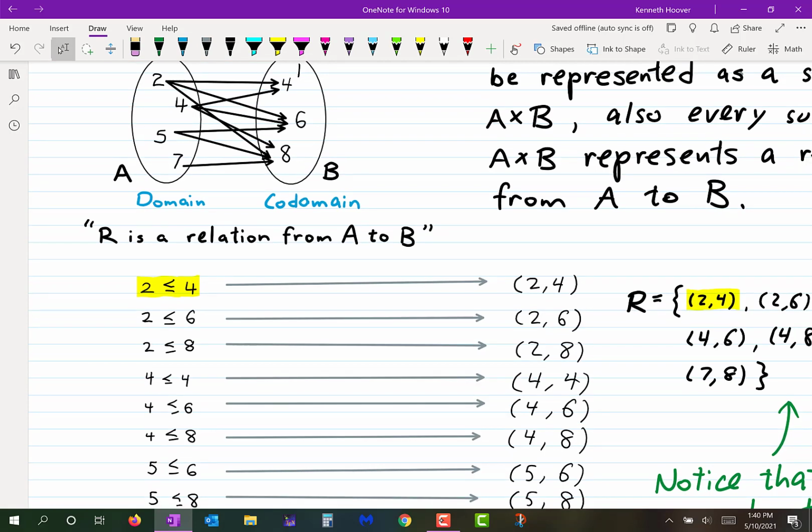I also just realized something, and this does not ruin the examples I've said so far: this could not have possibly been symmetric anyway, because the domain and the codomain aren't the same set. This is not a relation on a set, so it could not possibly have been symmetric.